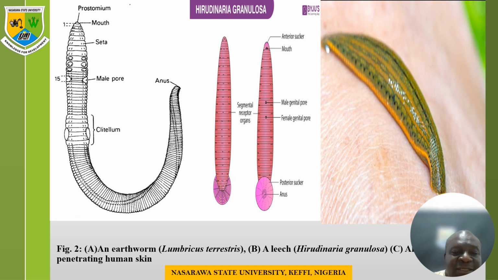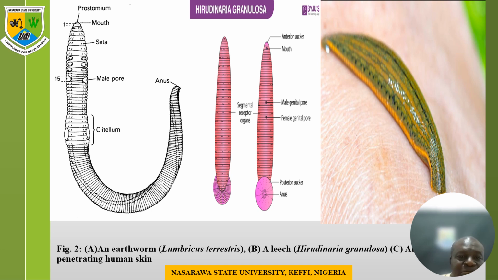Here are some examples of this earthworm. This one we can see, as I mentioned earlier on, the segmentation. And one thing I forgot to mention is that they are hermaphrodite in nature. That is, they possess both male and female reproductive systems in them.